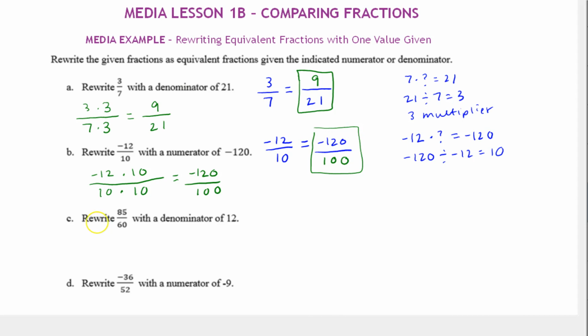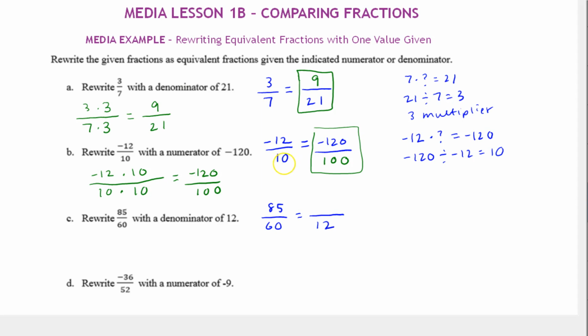In the next example, we're asked to rewrite 85 over 60 with a denominator of 12. So let's start to set this up. We have 85 over 60, and we want an equivalent fraction. We're given a denominator, so the bottom number, of 12. So notice this one is a little bit different than the last one, okay?